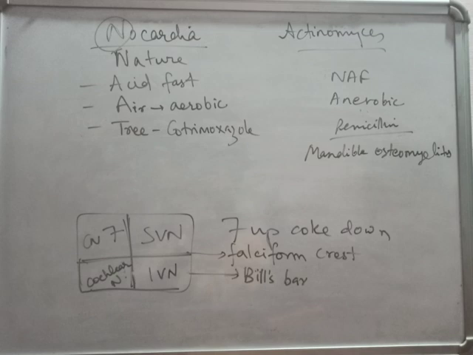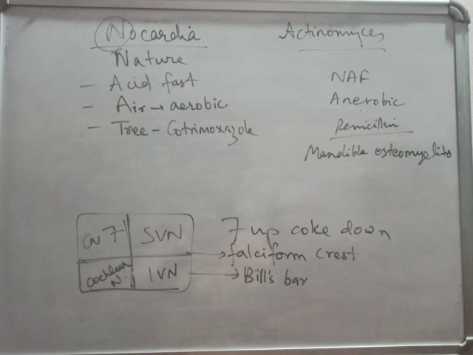Next we will learn the internal acoustic meatus, IAM. What are the contents? The mnemonic is 7 up, coke down. 7 is the 7th cranial nerve, that is the facial nerve. Up means superior vestibular nerve, which is one of the two divisions of cranial nerve 8. Cranial nerve 8 has two divisions.